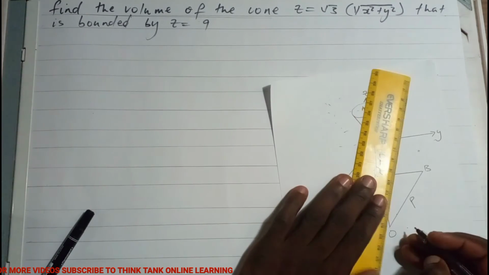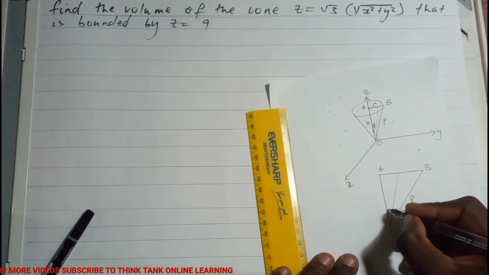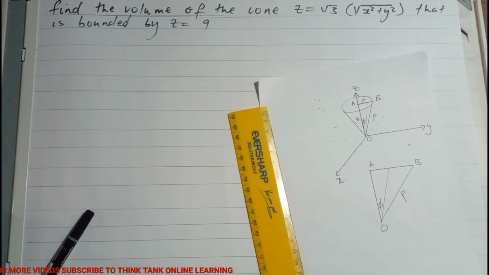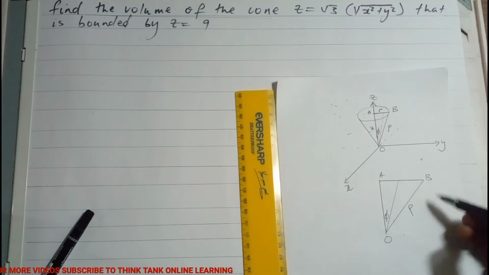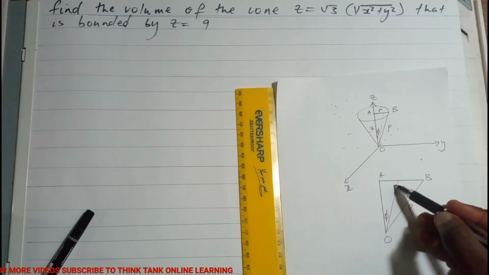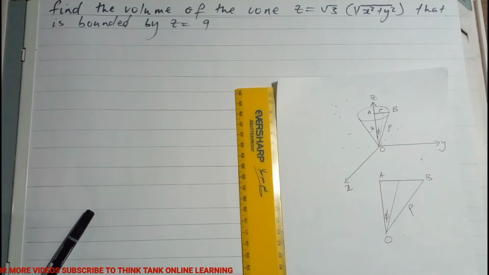Okay, and we have phi. Okay, so this is phi. So as you can see, as phi goes to B, as phi approaches B, it's going to get bigger, but as phi approaches A, this is going to become very, very small. So that means phi varies.